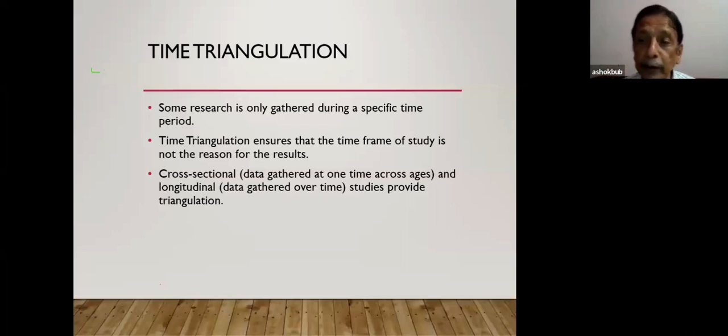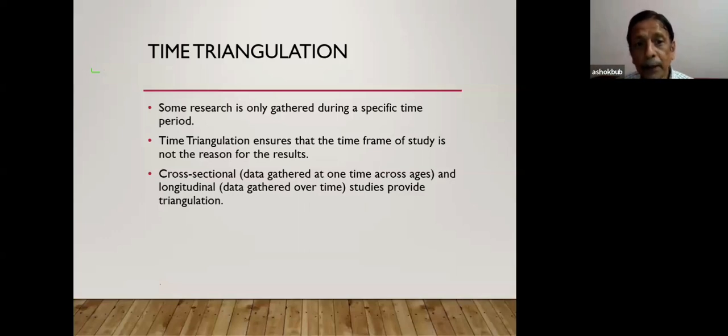Suppose, for example, you're talking about the pandemic. What exactly is happening during the pandemic plays an important role. Pandemic is not something new. In earlier times also there were pandemics. Cholera was there, plague was there, etc. But how exactly people reacted, responded, and what its consequence on the masses was, was totally different from what happened during COVID.